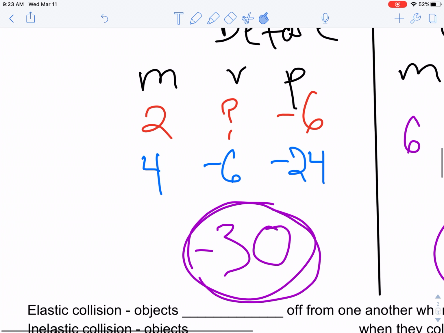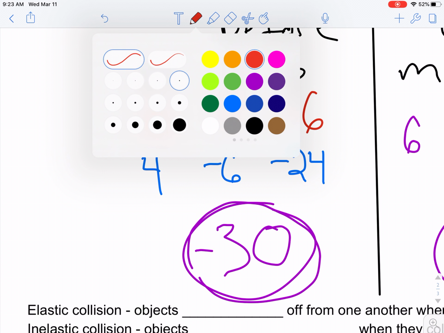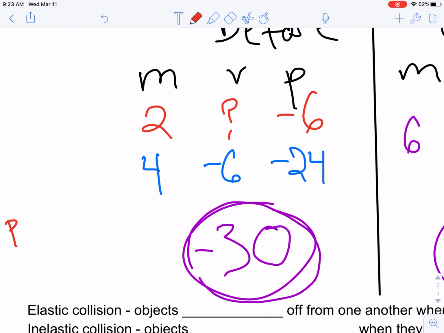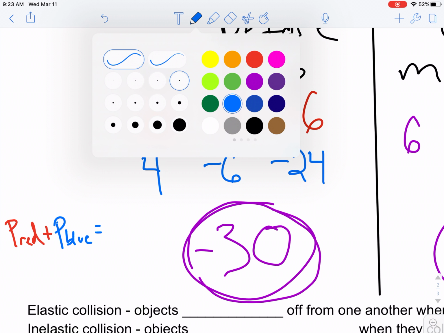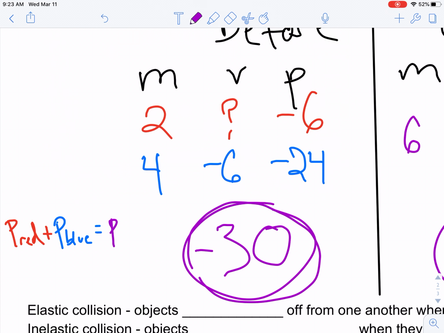So you're gonna solve for that unknown momentum there, because you know that the momentum of the red plus the momentum of the blue equals the total momentum. So you could maybe use that formula if you get stuck and you can't come up with a number just in your head like I just did.